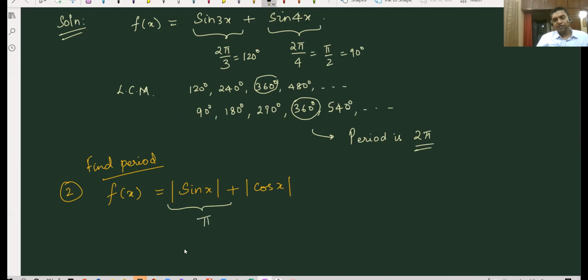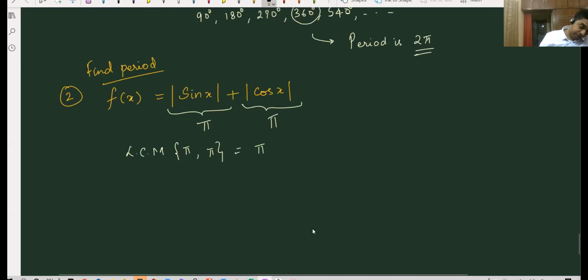What is the period of this? Pi. What is the period of this one? Pi. LCM of pi and pi is equal to pi. But now you have to verify.